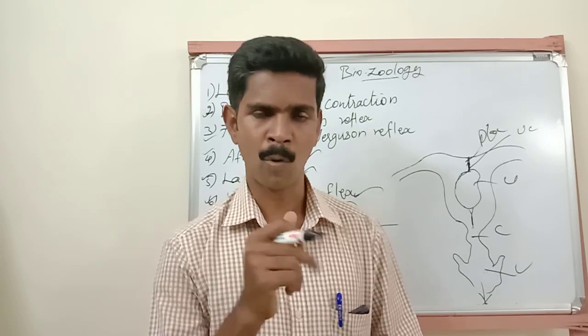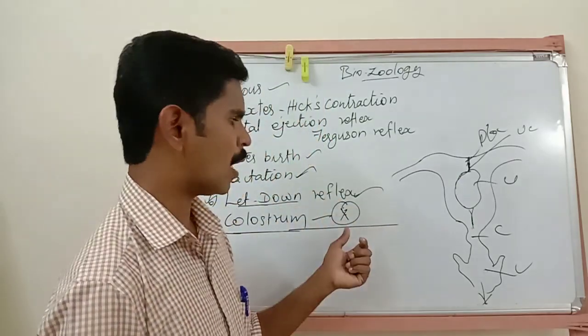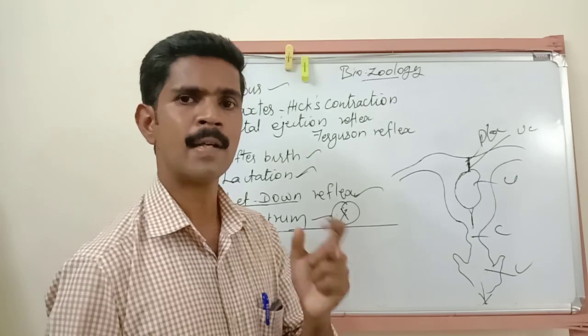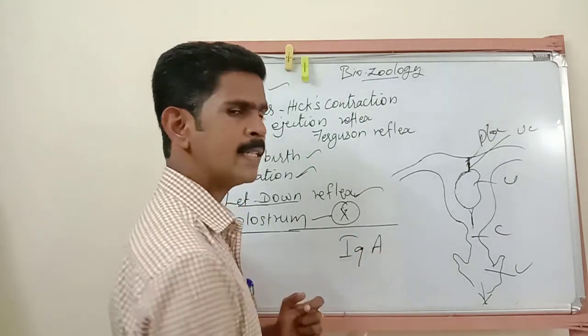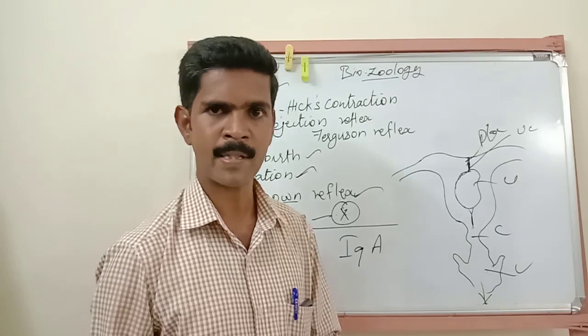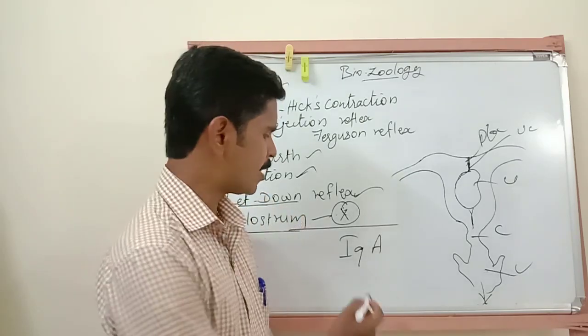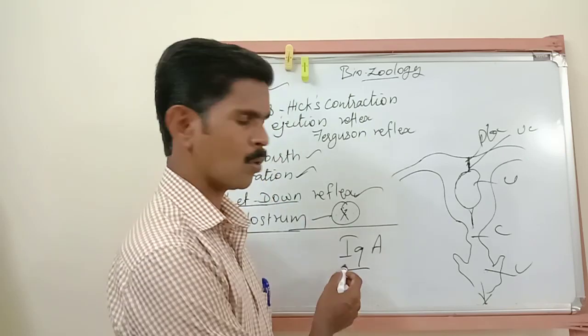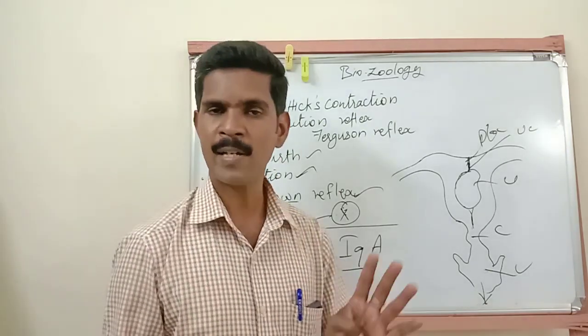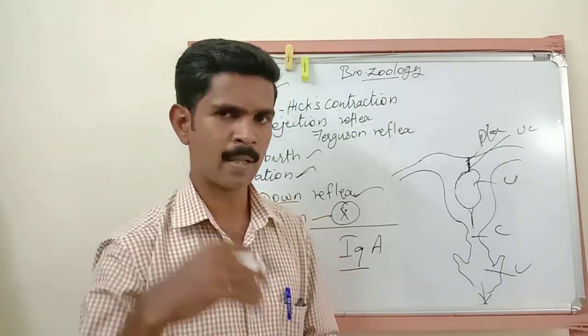Understand? And moreover, this colostrum also consists of one important antibody. The name of that antibody is IgA antibody. Here Ig means immunoglobulin; an antibody is otherwise called an immunoglobulin. There are 5 types of antibodies, which we will study in the next lessons.